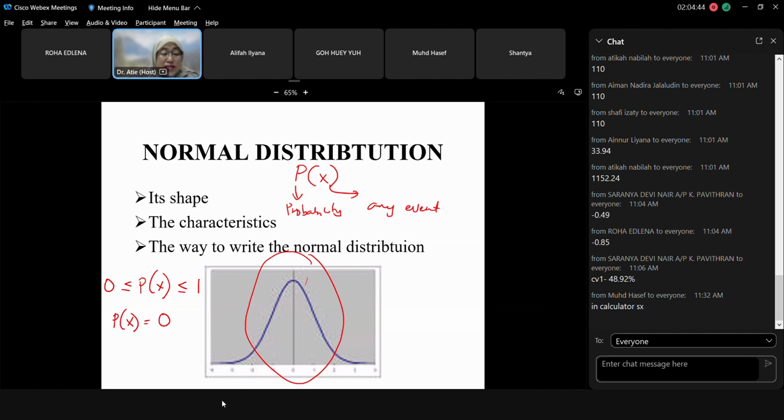And if the probability is equal to 1, it means that it is perfect, 100% it will happen. So what is the probability I'm talking now? The probability is 100% or the probability is equal to 1. 100% that event will happen.